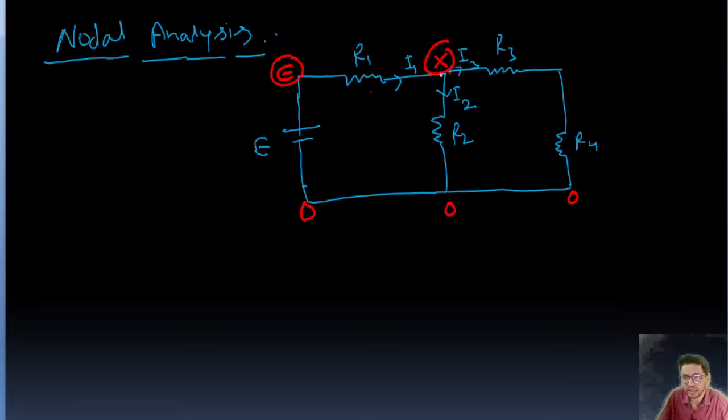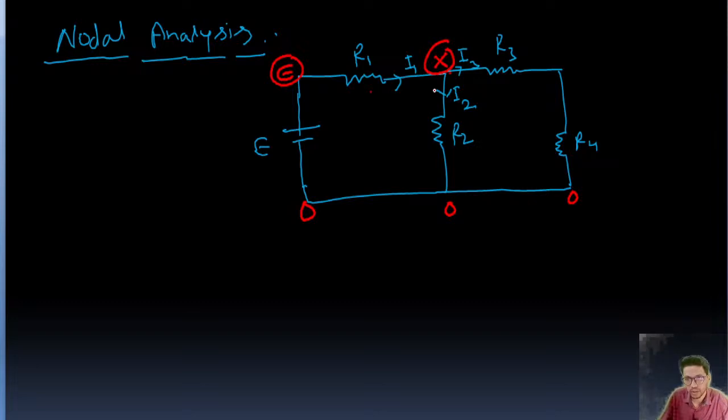Again for this side, X minus 0, because here the voltage is X and here it is 0, upon these two resistances which are in series, so R1 plus R2, and for this one X minus 0 upon R2, equal to 0. That's what we are going to do.